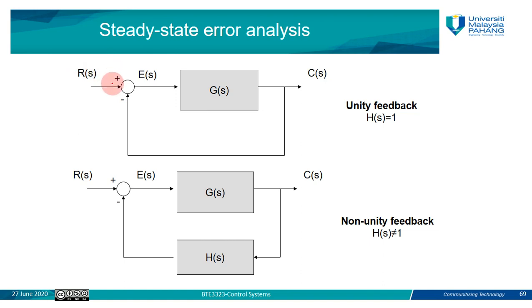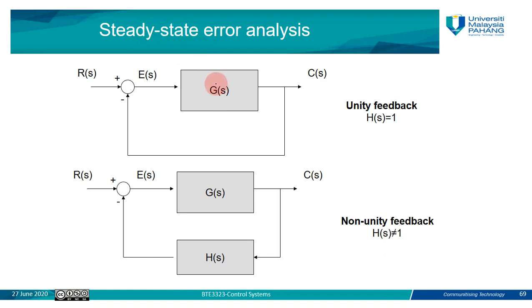For this case, we are going to focus on the unity feedback system, and in the case of the unity feedback system we are going to use this transfer function, either open loop or closed loop, in order to study the steady state error.